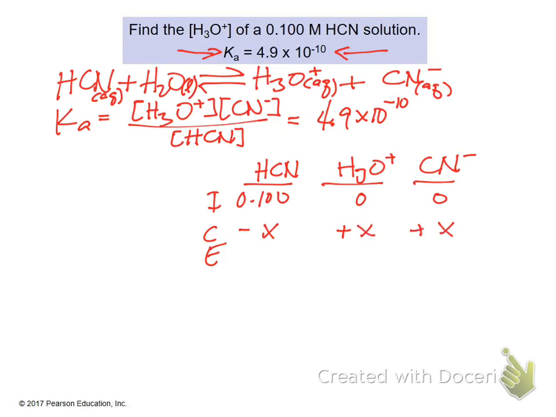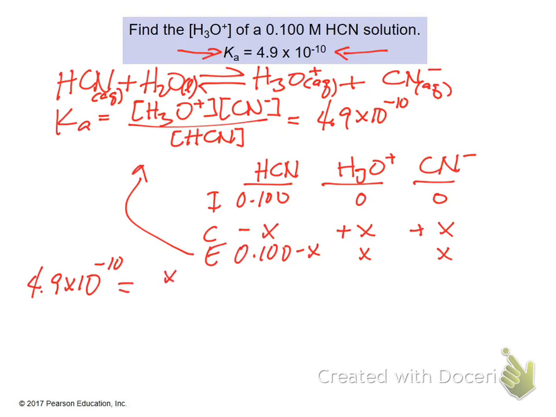And then we find the equilibrium concentrations as a function of x. And now we plug this into the Ka expression. Right, so we have 4.9 times 10 to the negative 10 for the Ka value, and this is equivalent to x times x divided by 0.100 minus x.